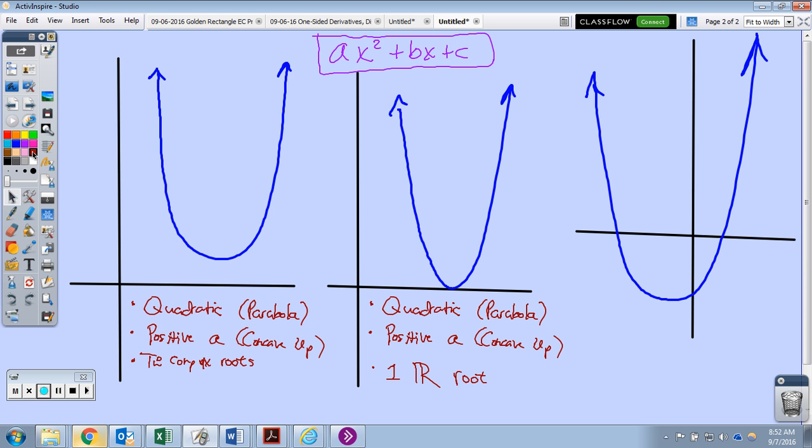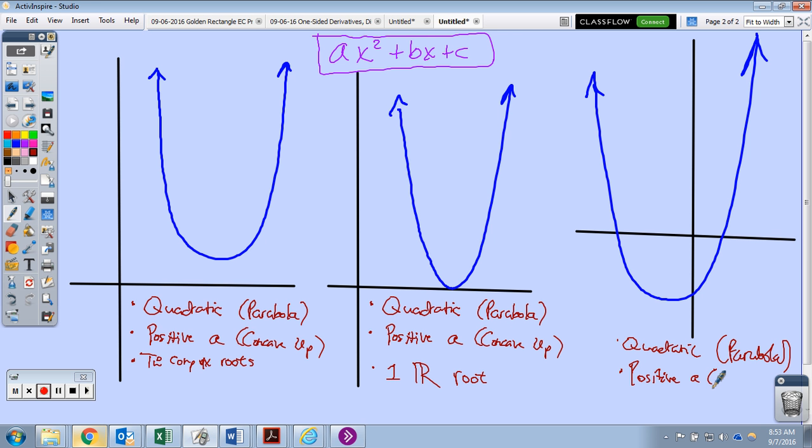So this guy is also quadratic, therefore the shape is a parabola. And its A is also positive. Guys, please, no talking if you have a question.